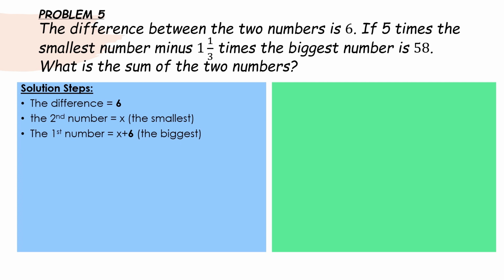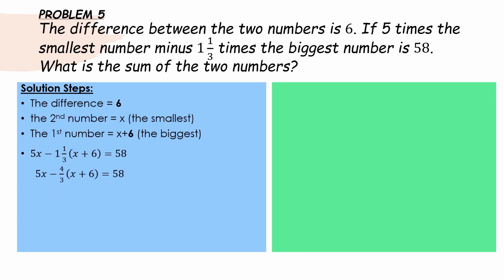And this math equation we can get based on the previous slide that we have learned. Now, according to the statement, 5 times the smallest number means 5x, minus 1/3 times the biggest number means 1/3 times x plus 6, equals 58.